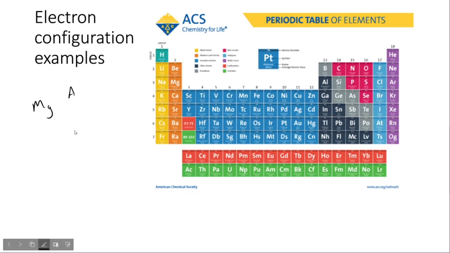Atomic number 12, right? So that means it has 12 protons. It will also have 12 electrons. So after we write this out, we should have 12 electrons. We look, it is in the S block. So block S, and it is in the third energy level, right?